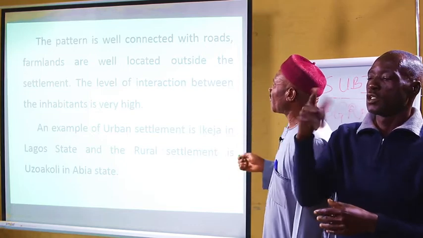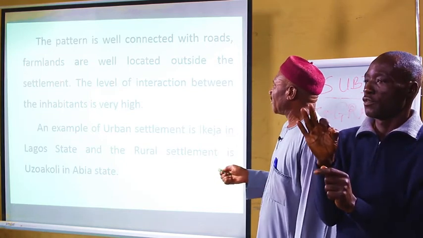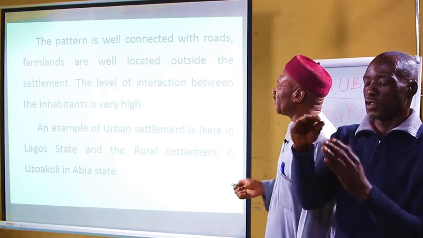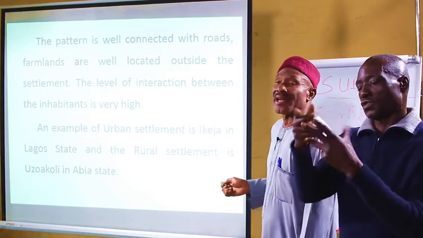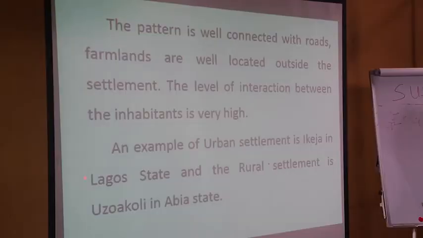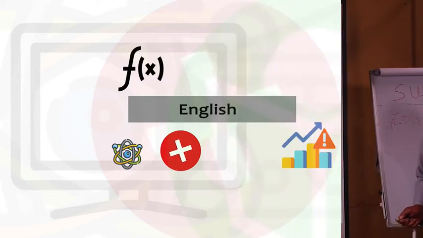The level of interaction between the inhabitants is very, very high. An example of an urban settlement is Ikeja in Lagos State, and of a rural settlement is Ozuakoli in Abia State.